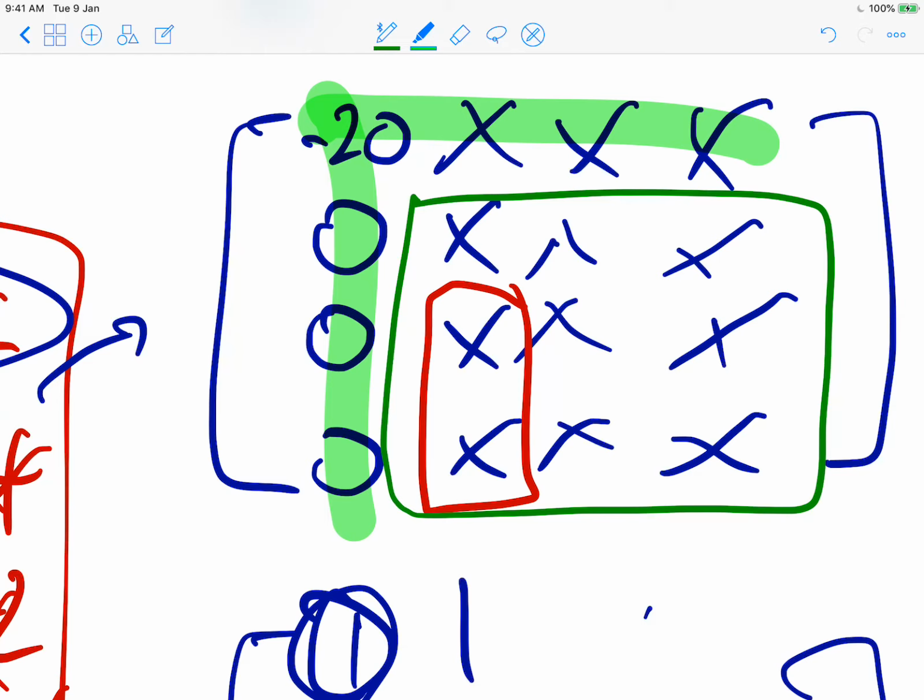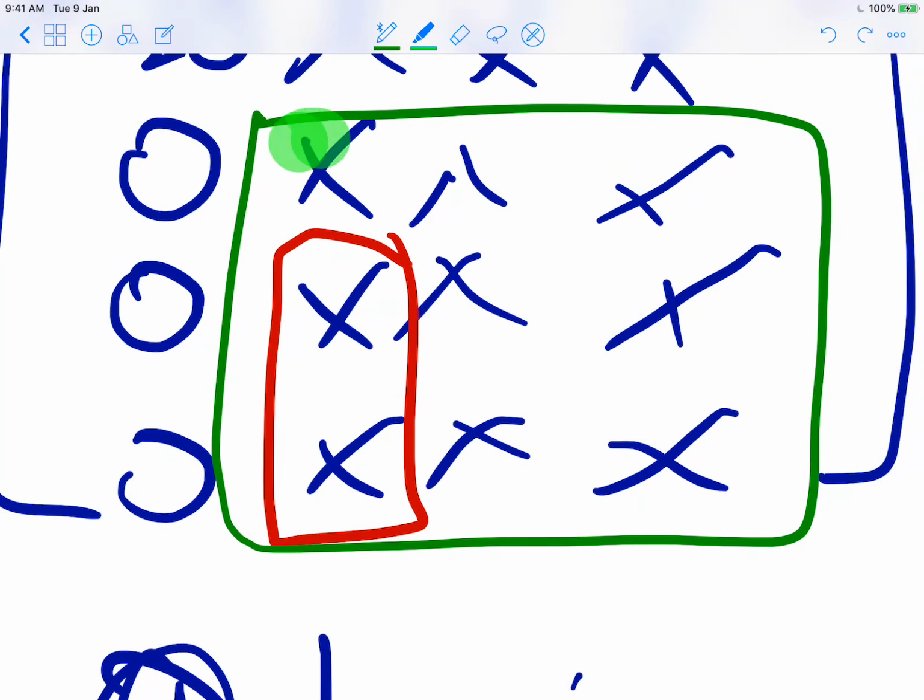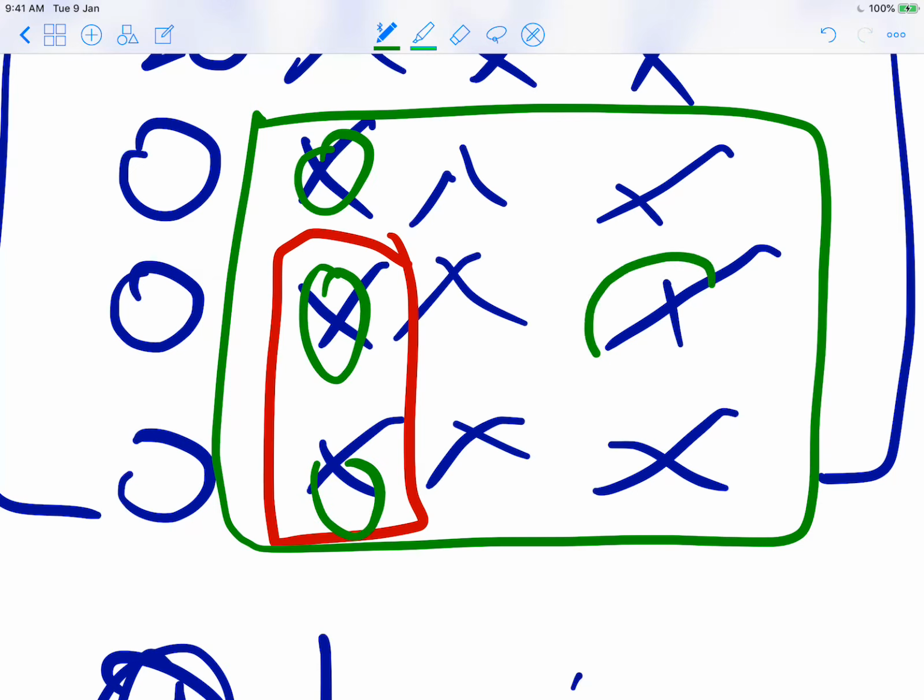This is the submatrix of our interest, and here the scenario will be the same. Suppose we found the largest possible value over here, and we want to move it to the top left.